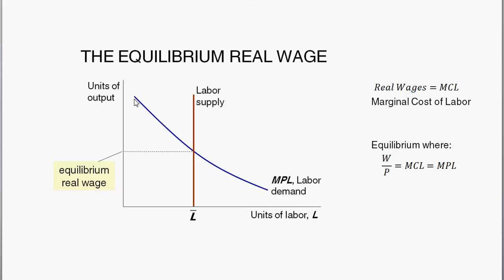So the first newly hired people add quite a bit of value, and that's value that the firm could pay them, whereas at these high levels of labor, extra units of labor don't add quite as much value, and so the firm doesn't have as much money to pay them. So what we're going to have is this equilibrium real wage. The equilibrium real wage is going to be where the demand curve, the marginal product of labor, intersects the supply curve, just the quantity of labor.